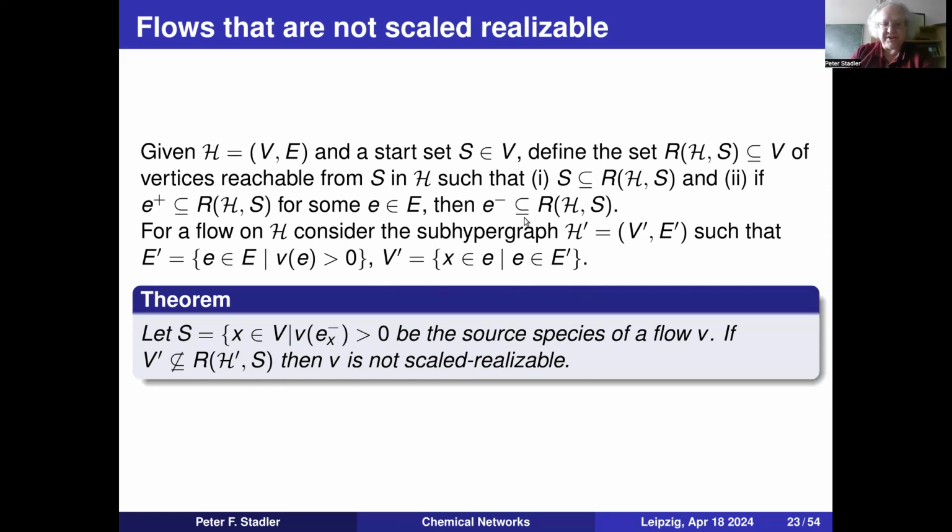If there are vertices in the edges that we need in the flow solution that are not in the reachable set from the start, then we know that this network is never scale realizable, and we have to borrow additional types of molecules from somewhere.